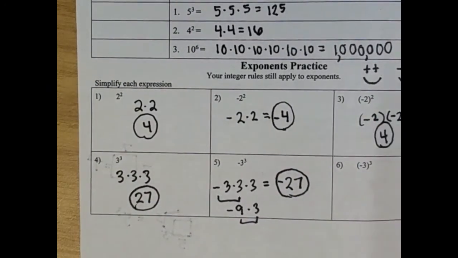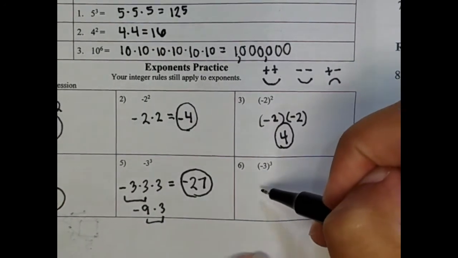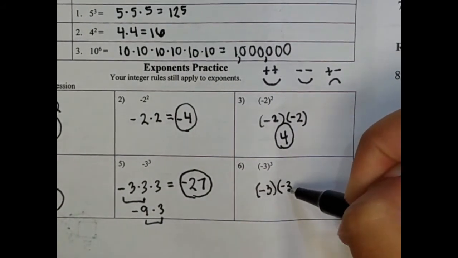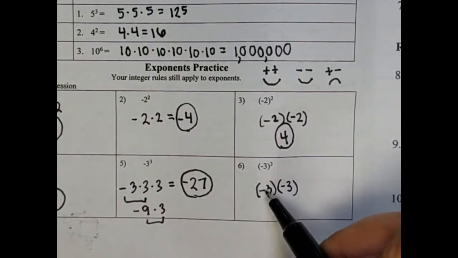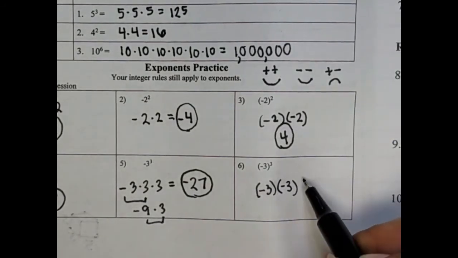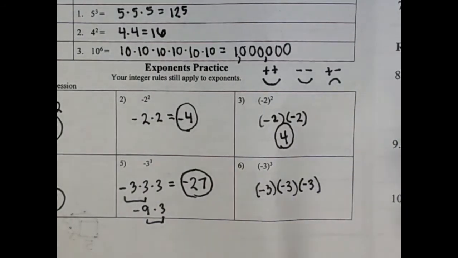This one is just like number 3. It's in the parentheses. So that means we're going to write the parentheses with the negative 3 inside. And remember, parenthesis beside parenthesis just means multiplication. Oh, my mistake. Sorry, I was supposed to write that 3 times.